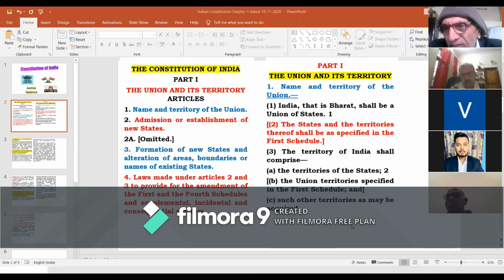And the union territory is specified in this first schedule. So the first schedule is classifying territories in two categories, one as states and other as union territories. And then such other territories as may be acquired.